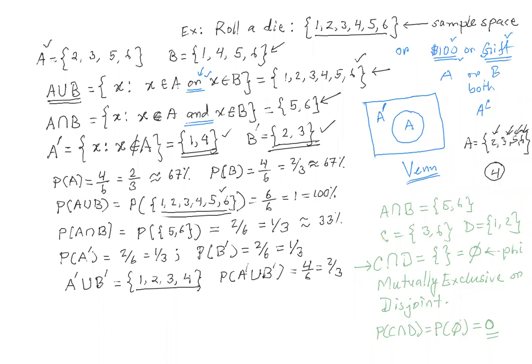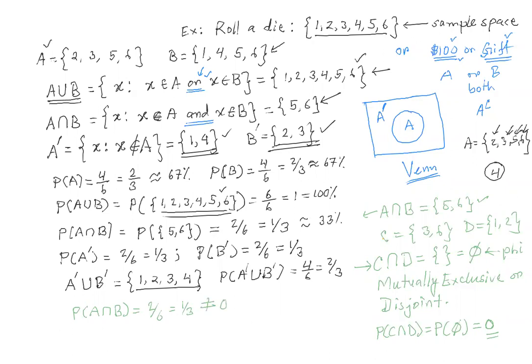On the other hand, A intersection B is not disjoint because it has something in it. A intersection B is 5 and 6. So probability of A intersection B is 2 out of 6 or 1/3, which is not equal to 0, right?